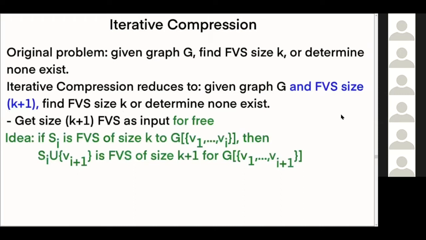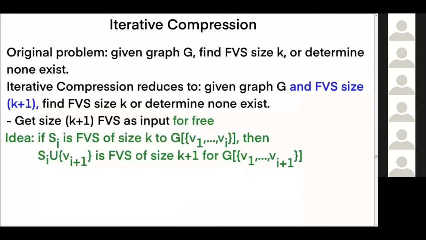So we do this n times, once for each new vertex that we add to the graph. Once we add v_{i+1} to the graph, we're interested in the graph induced on the first i+1 vertices.